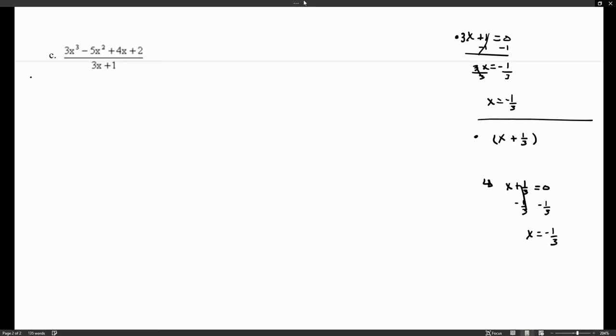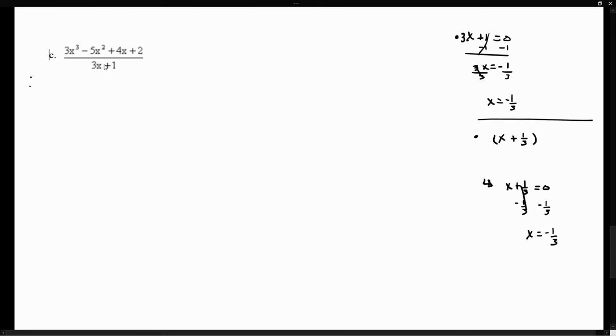So notice that the expression x plus 1/3 gives us the same conclusion as the expression 3x plus 1, which is the expression we have in the denominator. So instead of looking at the denominator as 3x plus 1, I can just look at the denominator as x plus 1/3.